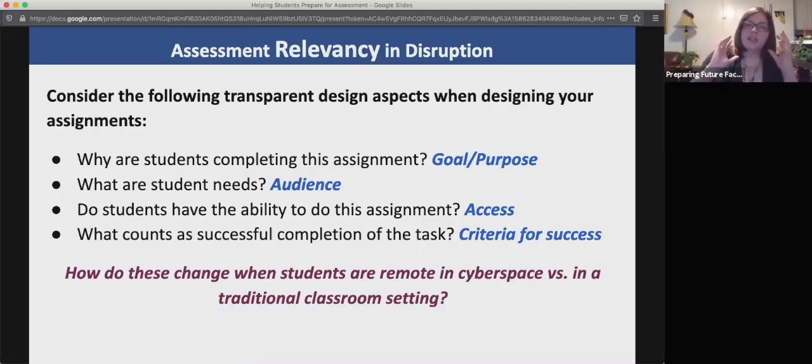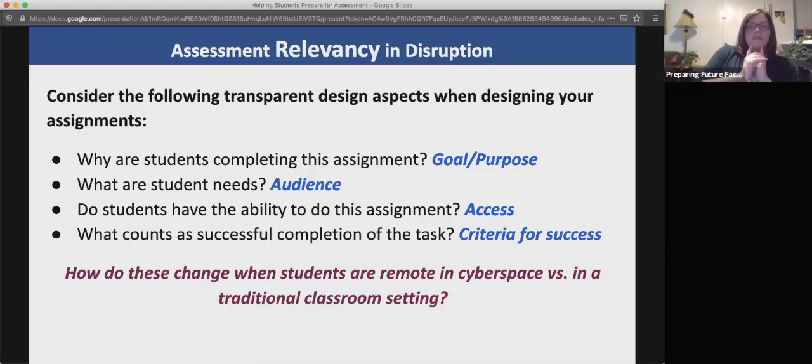Do students have the ability to do this assignment? Let's say I want them to write a paper in class. My goal of this paper is to have them analyze the way rhetoric is being used in mass media for X subject. My students need to develop writing skills so they can be successful in their future courses, as well as bring good writing skills to their future job positions.